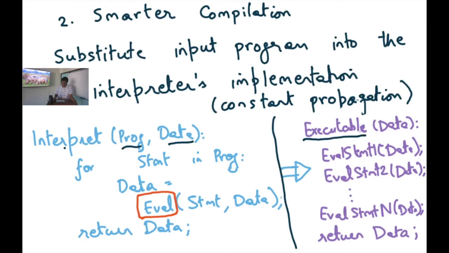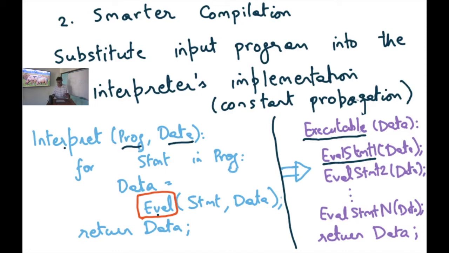And now this time the executable is just going to execute on data because the program has already been substituted inside the interpreter. And here what I have done is, instead of calling the original function eval on statement comma data, I have partially evaluated the eval function on different statements.